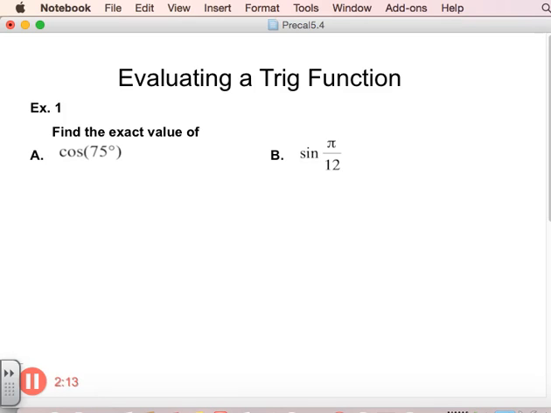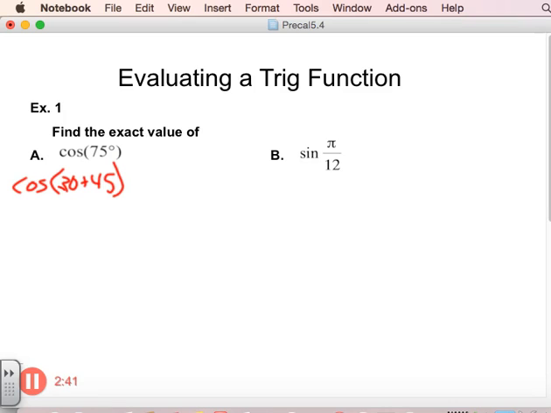So an easy one that we can use is 30 and 45, right? We have 30 degrees on a unit circle and we have 45 degrees on our unit circle. So we can say, to solve this, we're going to say the cosine of 30 plus 45. Now we can split it up into our sum and difference formula and find the exact values of each of those parts, and then that will give us the exact value for cosine of 75 degrees.